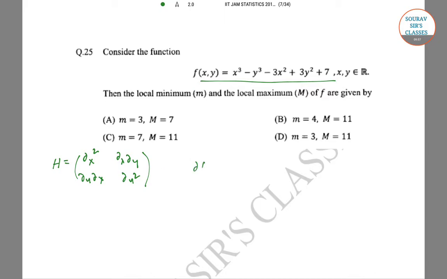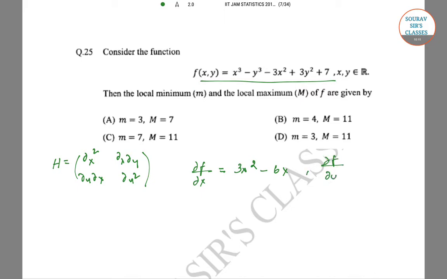Firstly, what is dou f dou x? This is equal to 3x square, y cube gets 0 because we are differentiating with respect to x. From 3x square we get minus 6x, and the rest of it becomes 0.